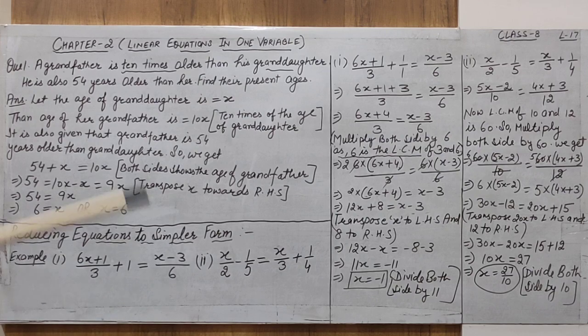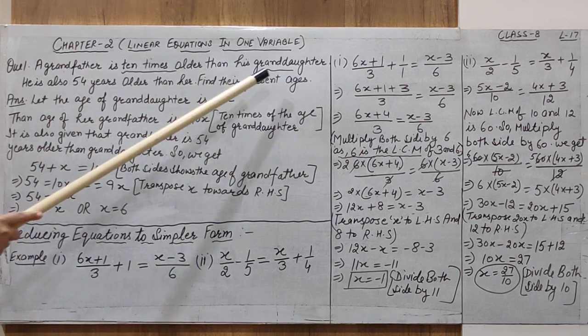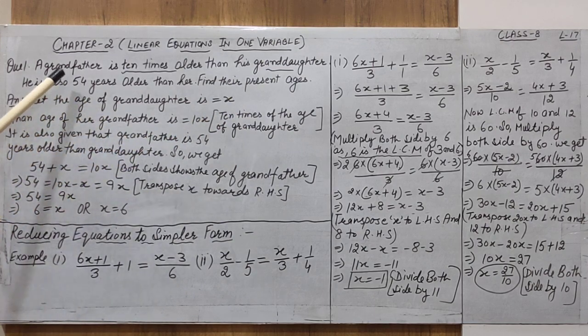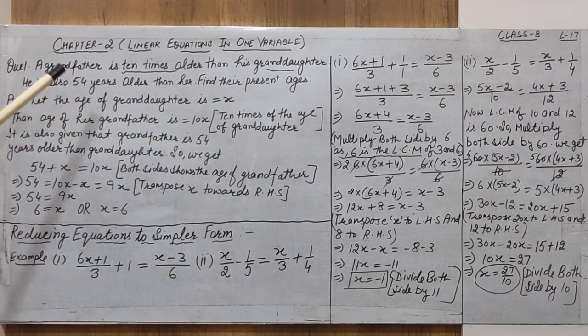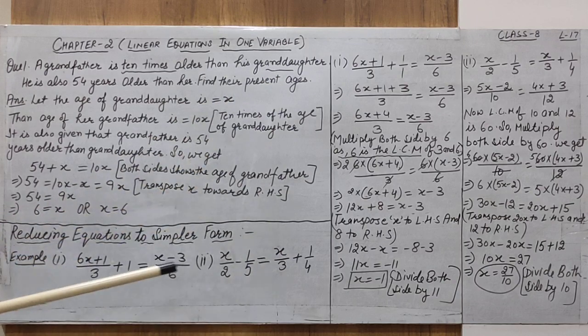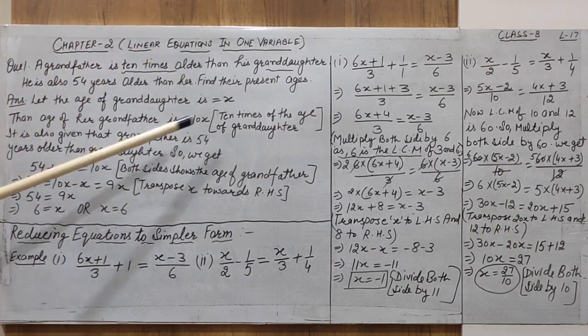First of all, we have to suppose a variable x either as the age of grandfather or as the age of granddaughter, that is present age. How do we judge that?